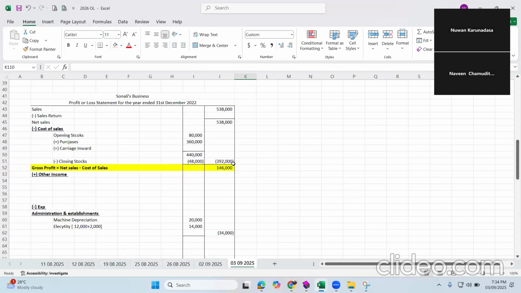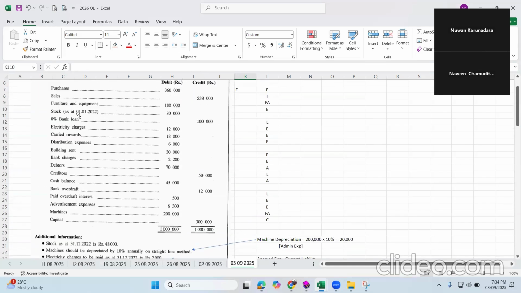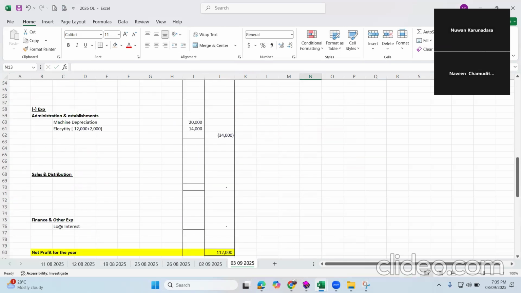Here students just want to see what about the interest. 8% bank loan, have they given us the interest? Now see, they haven't given the bank loan interest, but it's an expense, right? So we have to calculate the bank loan interest: 100,000 into 8% equals 8,000. So this is finance and other expense. Here loan interest 8,000.